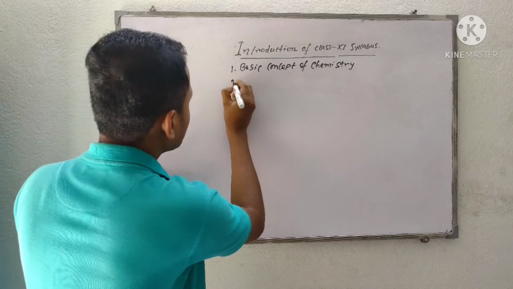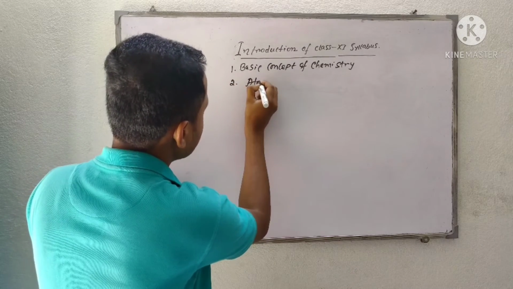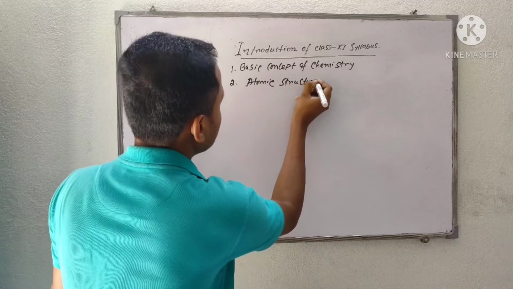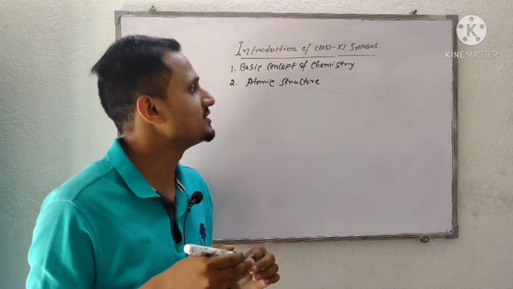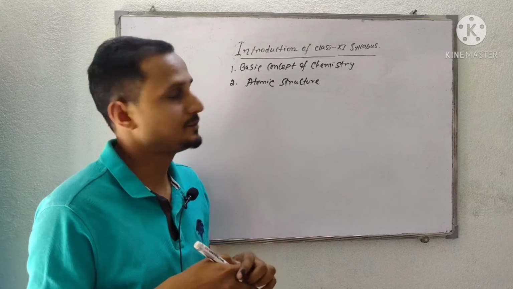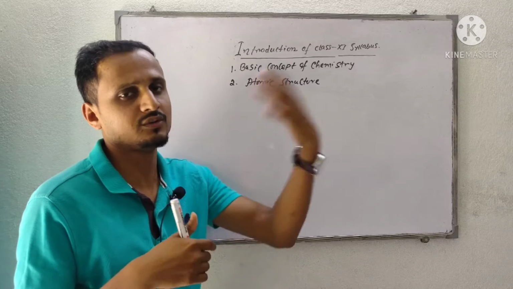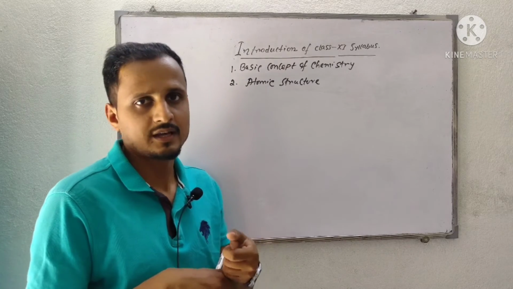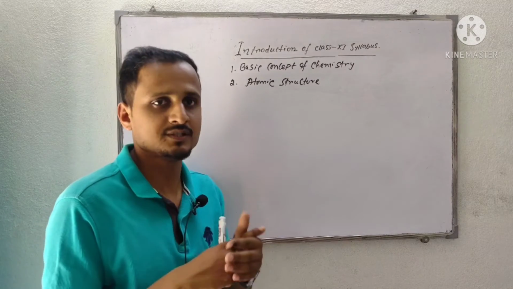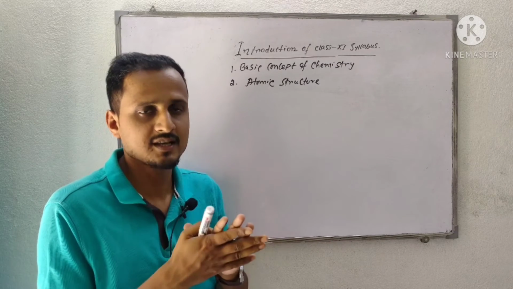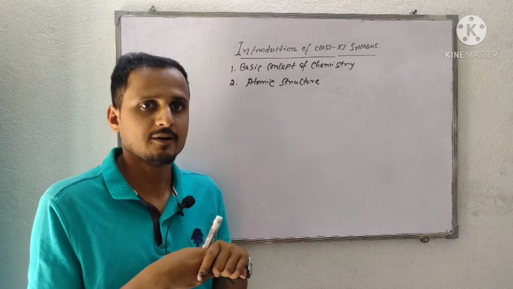Now the second chapter is atomic structure. And it is a very vital chapter, the most important chapter of your class 11. You have to read this chapter properly, otherwise you cannot go on to the other chapters. Here we will discuss the atoms, the basic history of the atoms, how the atomic structure progressed, Rutherford's atomic theory.